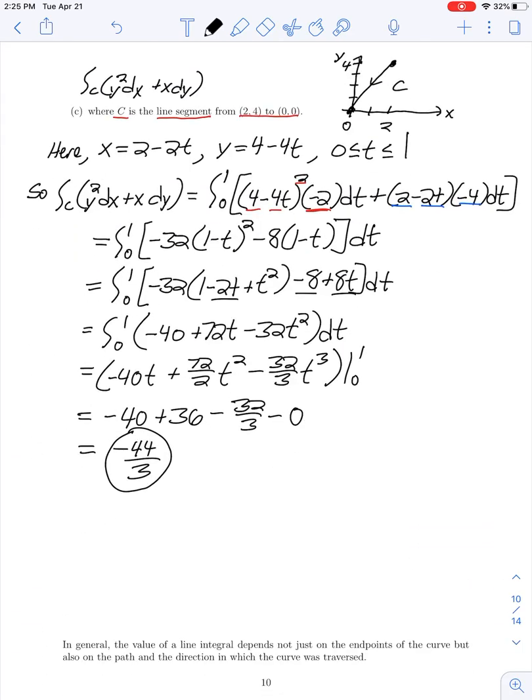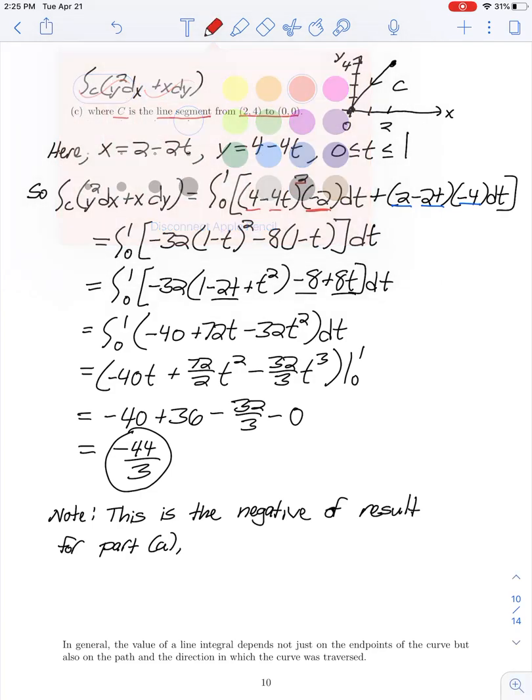And in part C, the line integral over the same line segment in the opposite direction gave us the negative of the value that we found in part A. So here, as a note, this is the negative of the result for part A of this example.